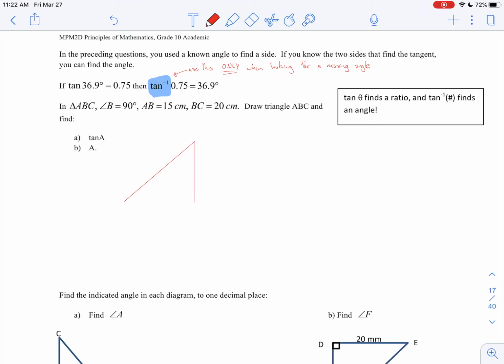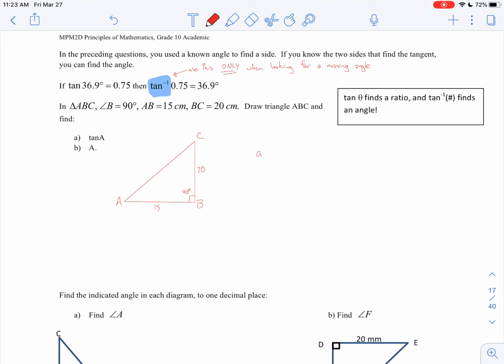For some reason I always put my 90 degrees on the right hand side there. May not look it, but that's perfect, 90 degrees. And they're saying that is angle B, so the capital letter B must go down there. They're saying AB is 15 units long, so from A to B is 15 units long, and from B to C is 20 centimeters long.